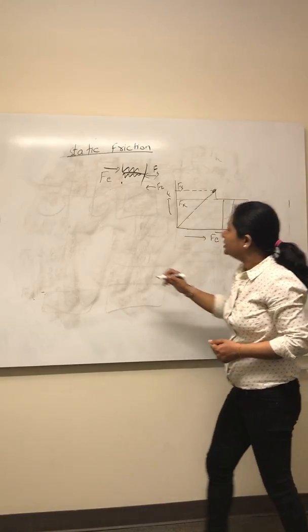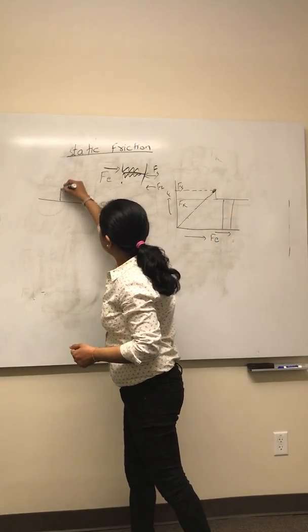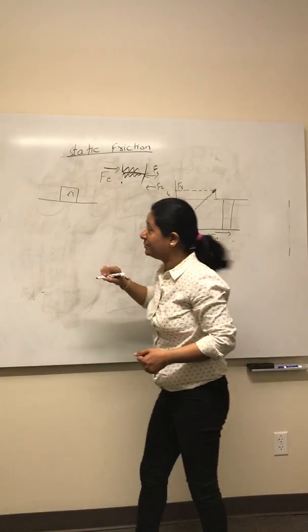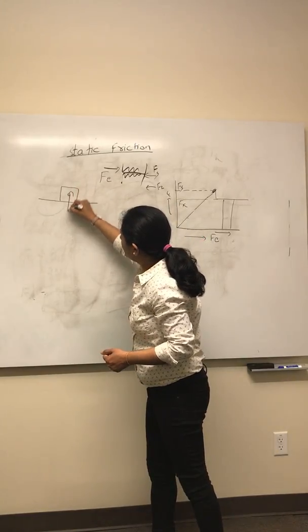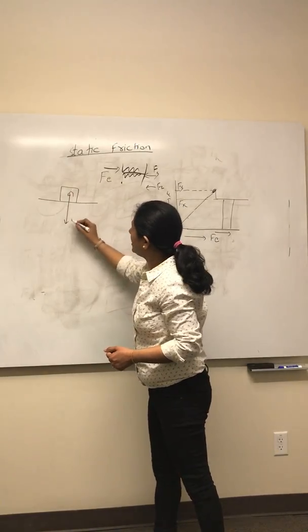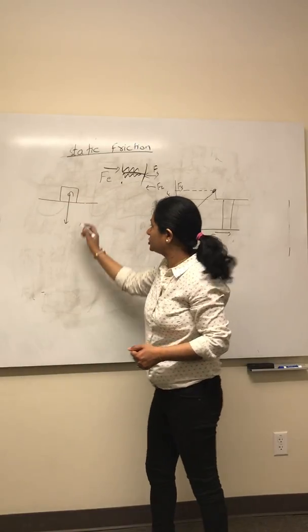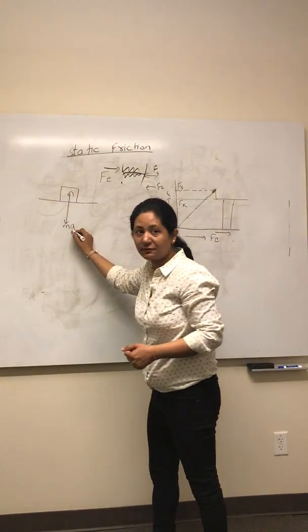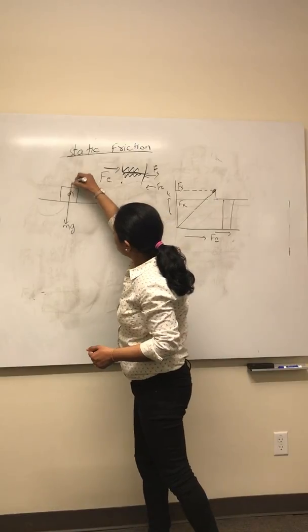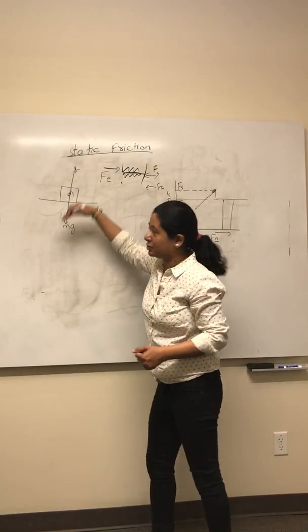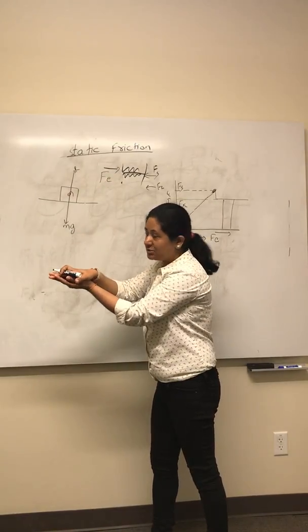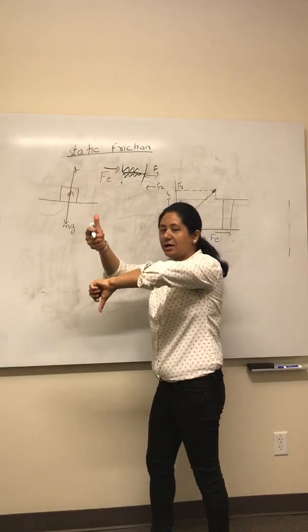This is a body of mass m, and the forces acting here are, vertically downward, its weight mg, where g is the gravity, and the normal reaction R in the vertically upward direction. This body being on a horizontal surface, R and mg are equal and opposite.